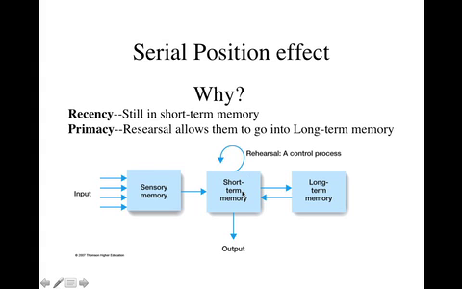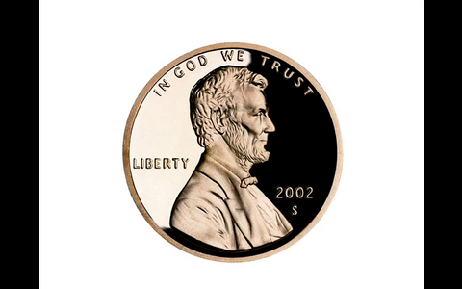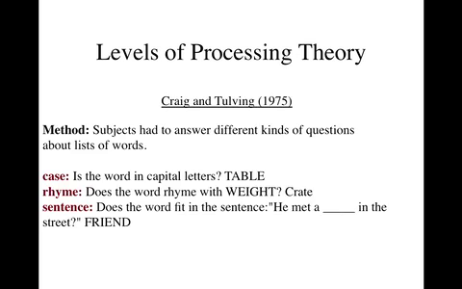So just repeating information can facilitate that information making it into long-term memory. However, as we said, pure exposure is not sufficient. You can see a penny many, many times in your life, but if you don't pay attention to the details, just pure exposure, just repetition, doesn't actually lead to very rich and well-remembered encoding. People will often forget key details, like which way Lincoln is facing, where the date goes, despite lots of repetitions.